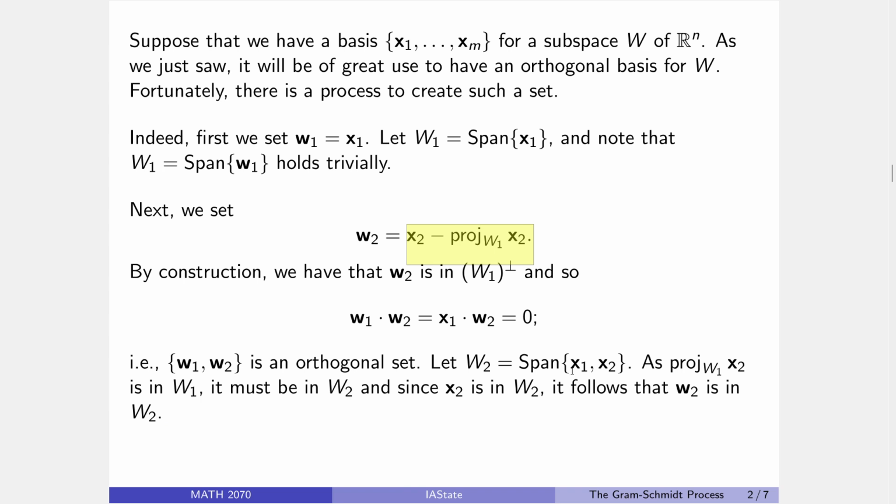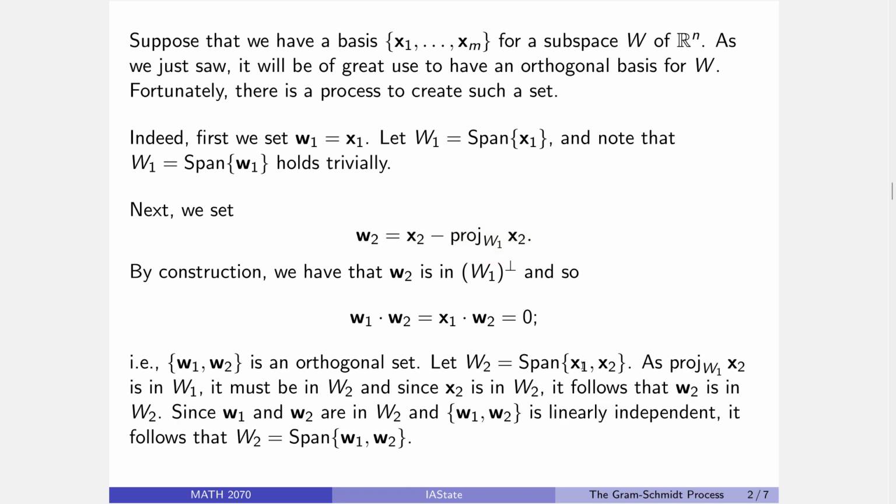So W1, which is X1, has to be in big W2, and so does little W2. So they're both in there, and since they're linearly independent, they have to coincide with the span, right? The span of these two elements gives me a two-dimensional space, and so if I've got two linearly independent things spanning the same set, they have to be the same subspace.